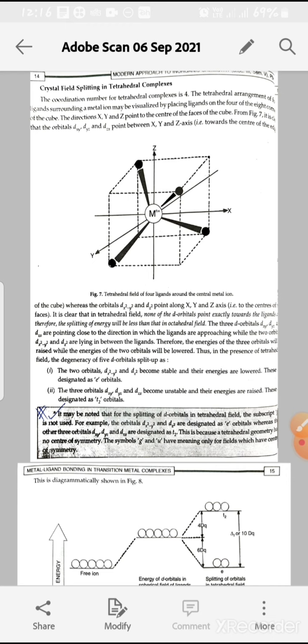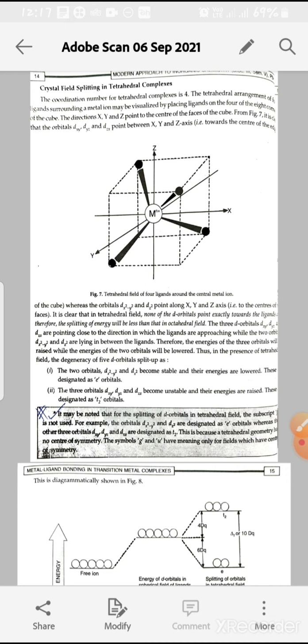The dxy, dyz, and dzx orbitals are close to the ligands, so there will be repulsion and an increase in the energy of these 3 orbitals.